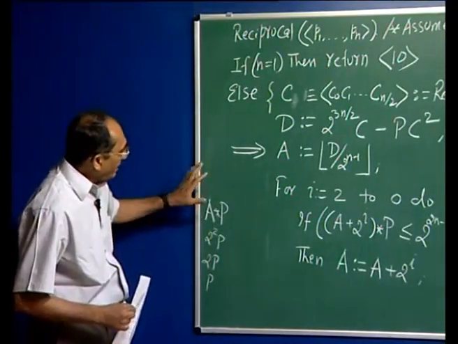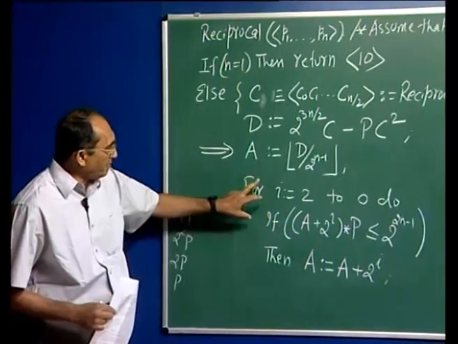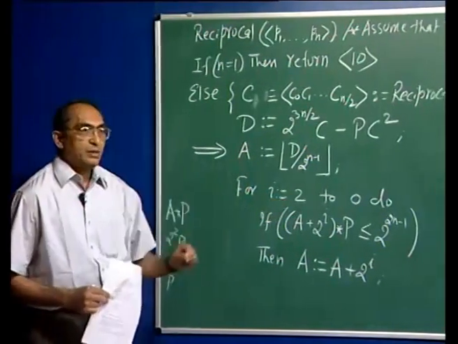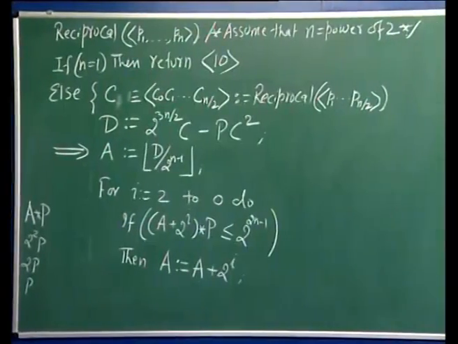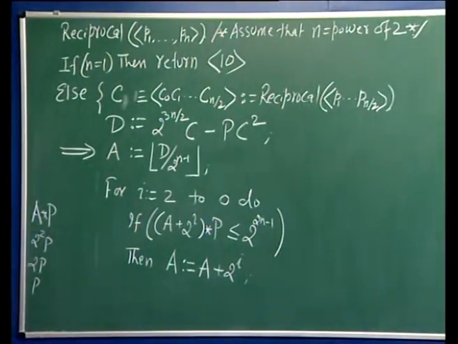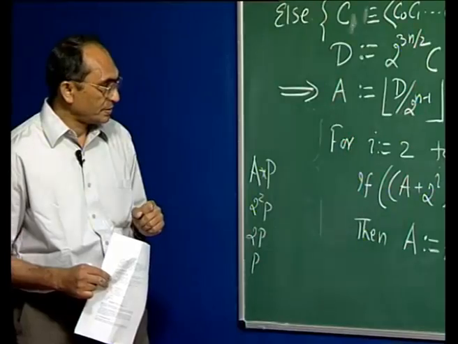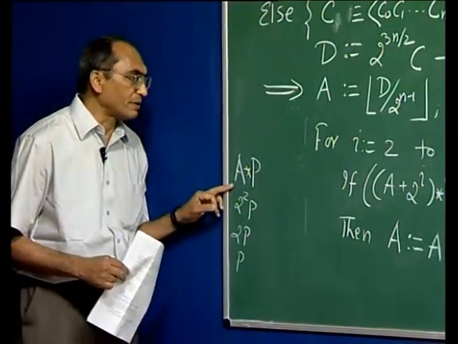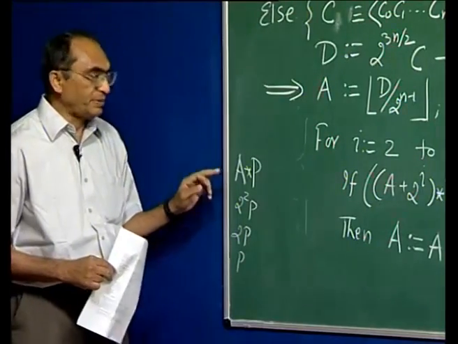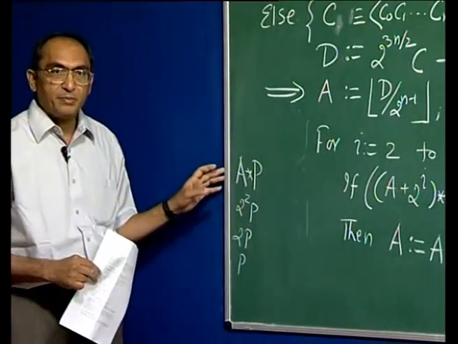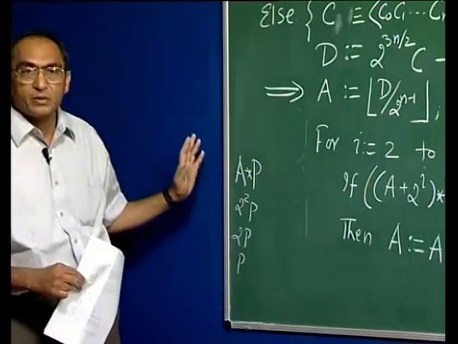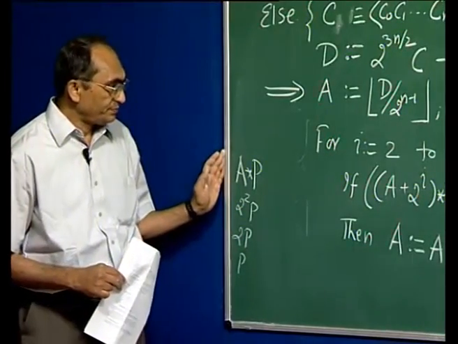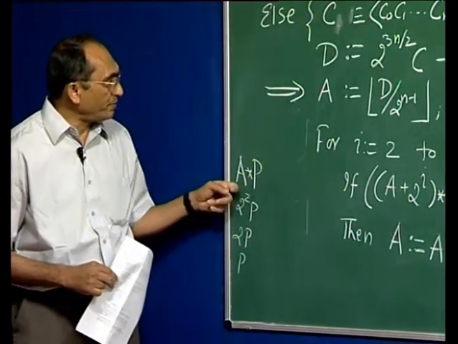So, what we are involving here is one multiplication of 2 numbers, each of size n bits. Notice that A cannot be more than n bits unless P is 2 to the power n minus 1, and that is a special case. So, one can always ignore that. And then these are 2 n bit numbers.